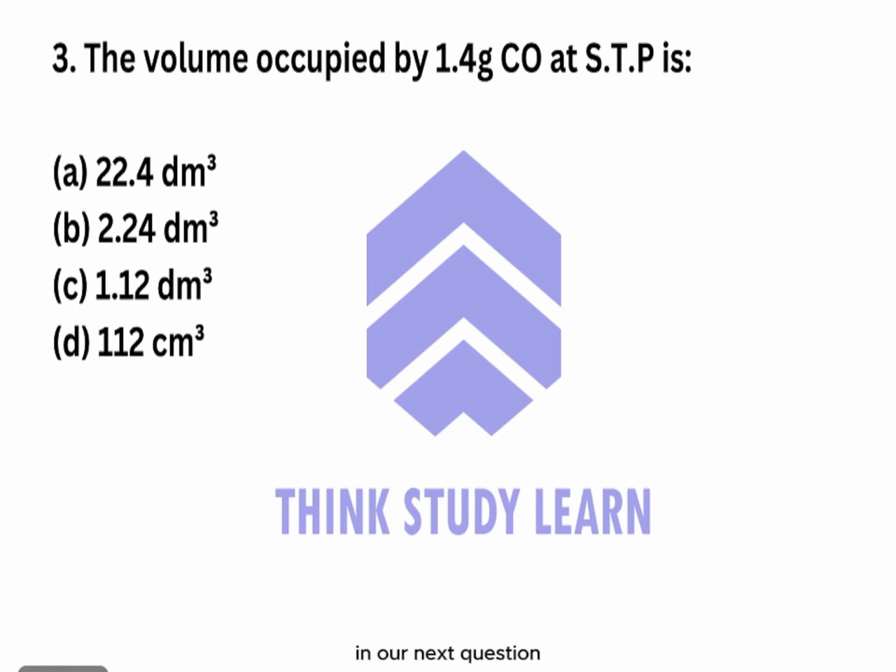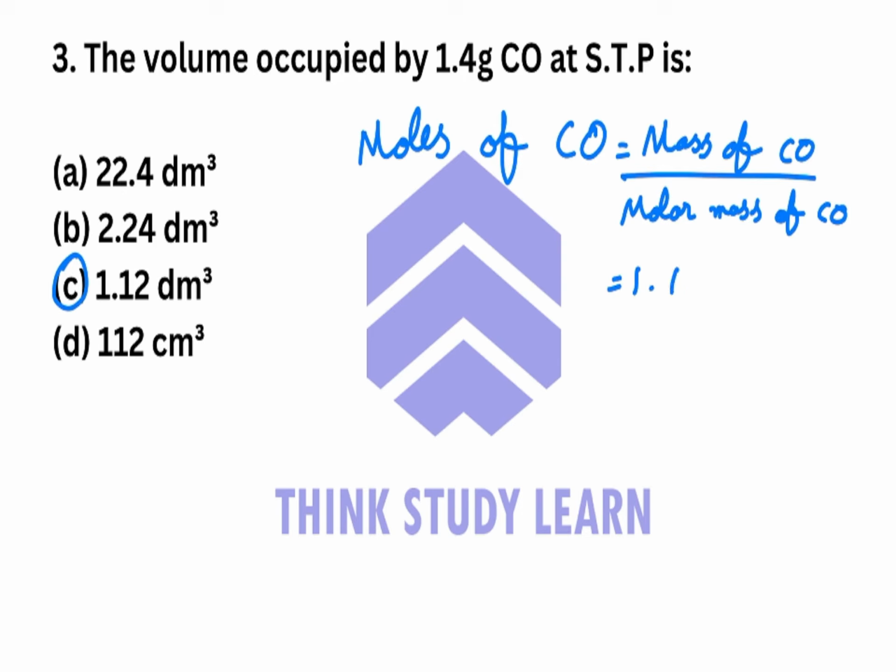In our next question, we are given that the volume occupied by 1.4 gram carbon monoxide at standard temperature and pressure is what? In this case, the answer is option C, that is 1.12 decimeter cube. This can be calculated by first finding the moles, which gives us 0.05 mole.